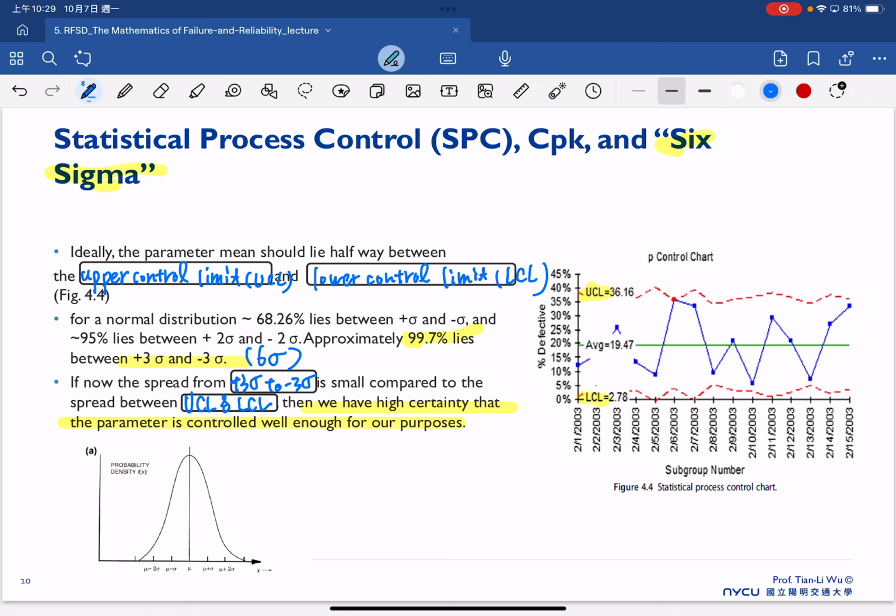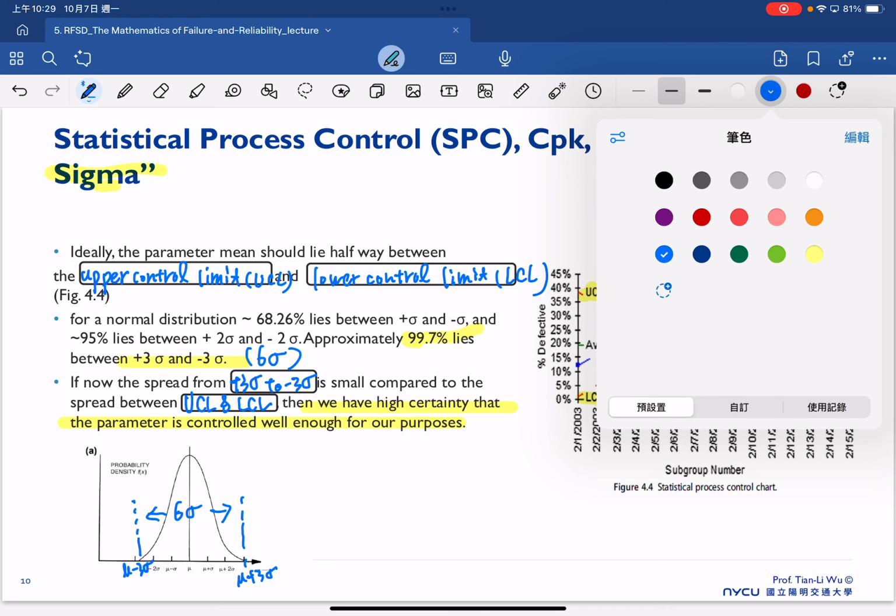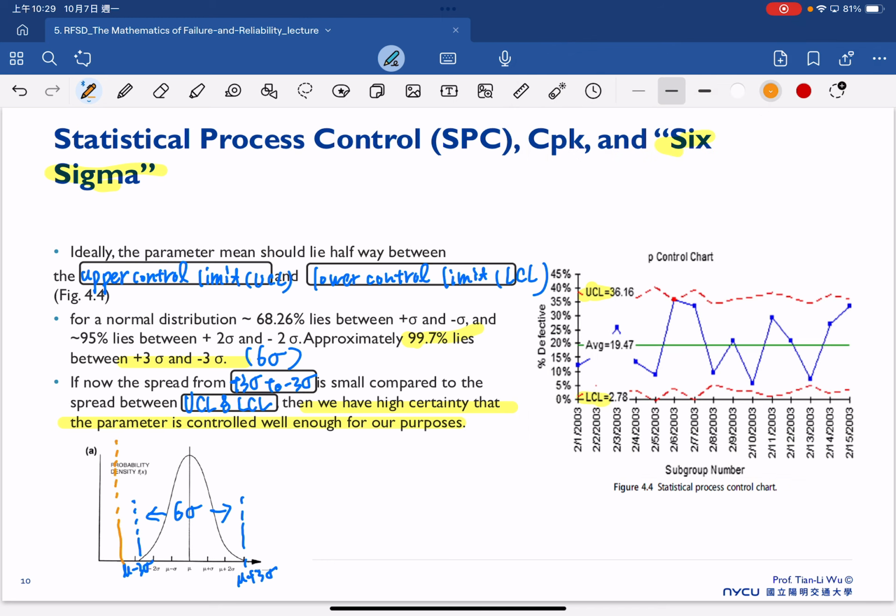So now if this is mu minus sigma, mu plus sigma, if this 6 sigma range is lying in between LCL and UCL, then we have a very high confidence that our fabricated device, our fabricated product, the performance of our product is in between this UCL and LCL.